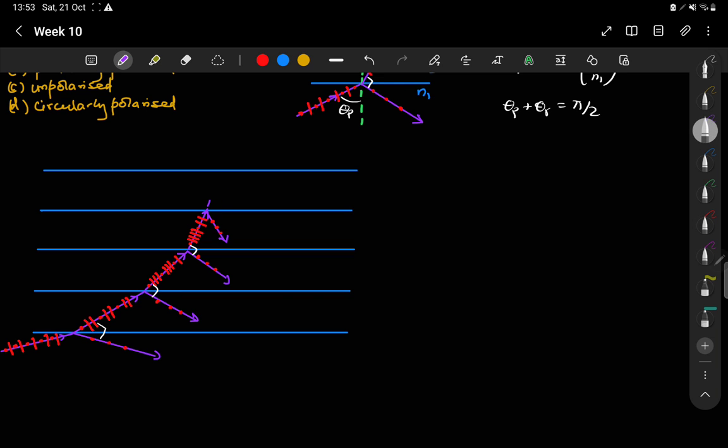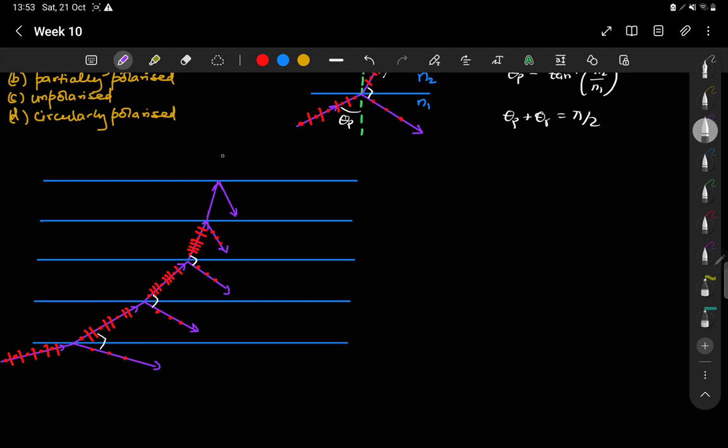And we have refracted light, then reflection, and then finally we will have a light beam which comes out. And this light beam would be very nearly polarized.